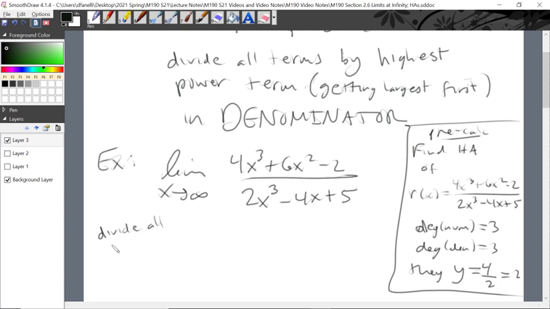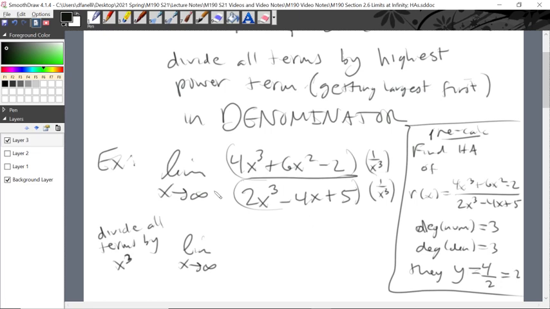Divide all terms by x cubed, because that's the highest power term in the denominator. So we have the limit as x goes to infinity, and this is the same as saying we are going to multiply the entire numerator by 1 over x cubed and the entire denominator also by 1 over x cubed. As long as x is not equal to 0, we're allowed to do that, but x is not 0, right? x is getting very, very large here.